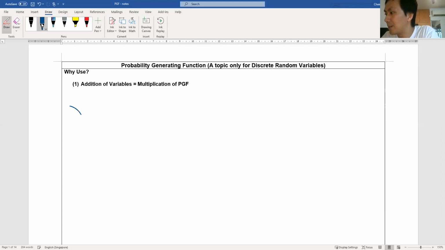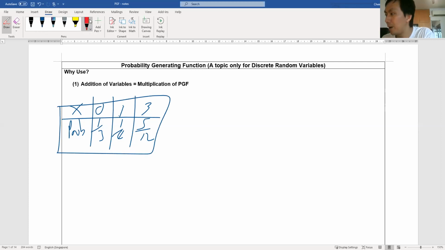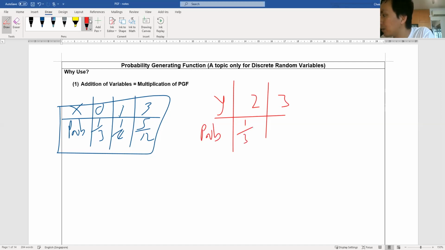For example, if you have X: 0, 1, 3, just like we had just now, with probability 1/3, 1/4, 5 out of 12. Then you have another table, you have another variable Y. Y could be 2 or 3 with probability 1/3, 2/3.